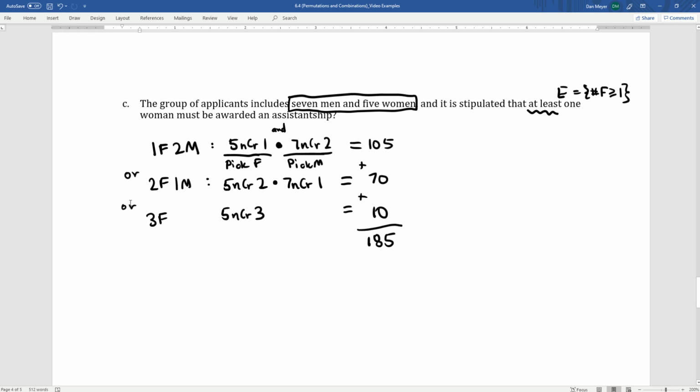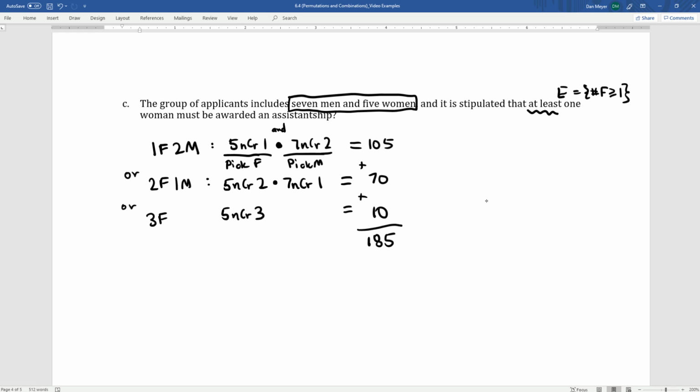And then all these ors, when we partitioned our event, I had to have 1 female and 2 males, or 2 females and 1 male, or 3 females. All the ands correspond to multiplying, and the ors correspond to adding things up. Okay, so that's kind of a keyword way to think about the problem, but it's not nearly as good. That's kind of a fallback.